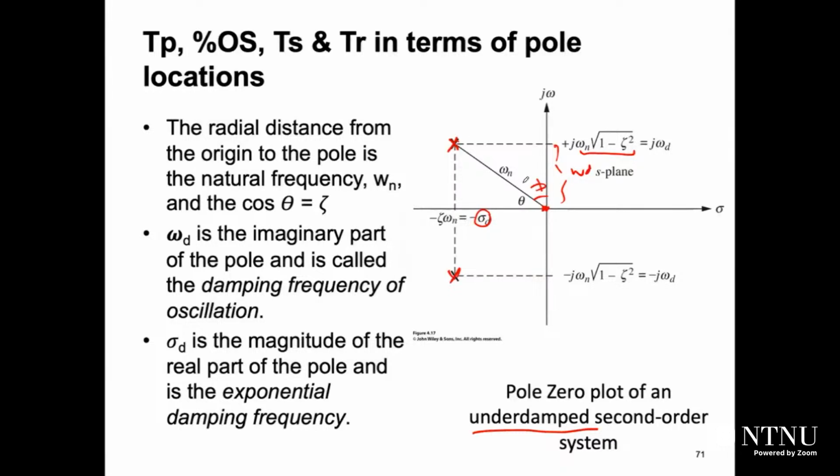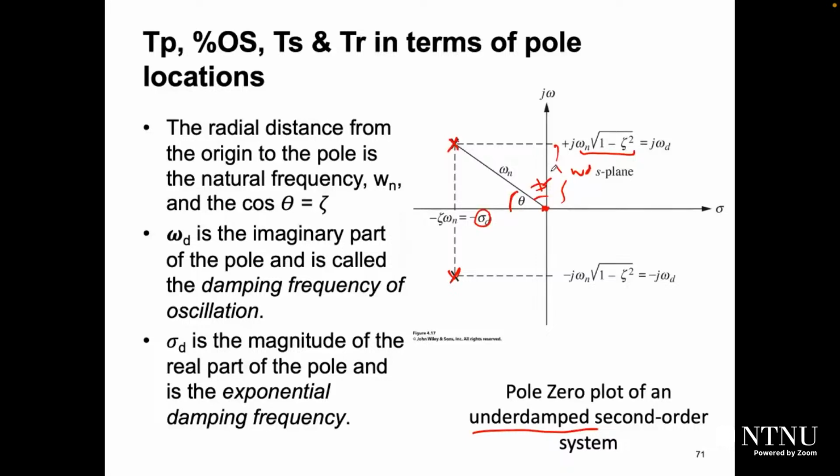Once you have this, you can measure this angle, and the cosine of this angle will be the damping ratio, zeta, because in fact the cosine is that part divided by that part. So it will be minus zeta omega n divided by omega n, right? So it will be zeta. So if you can measure theta, the cosine of theta will be your damping ratio.